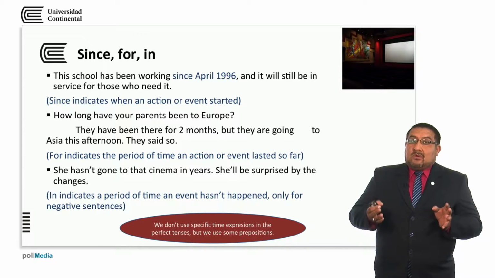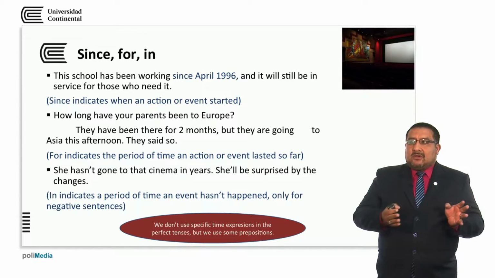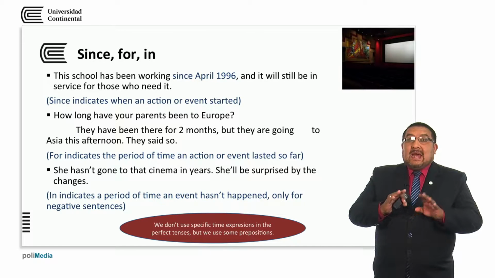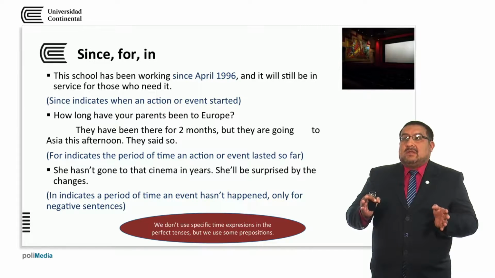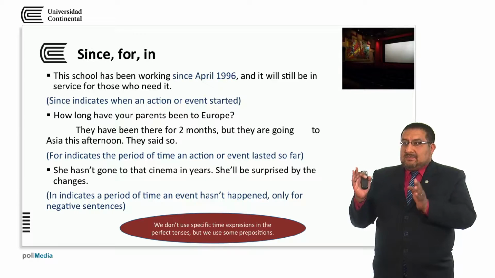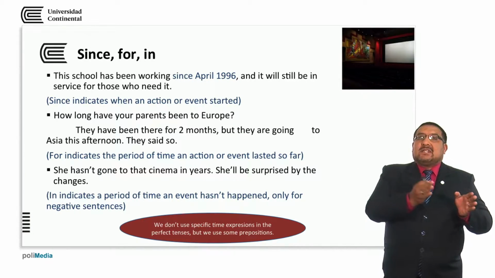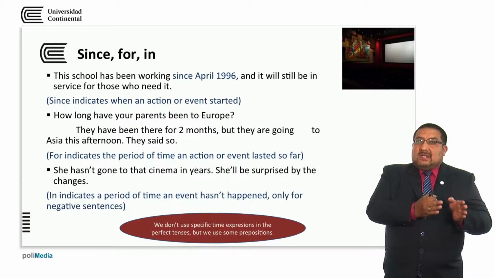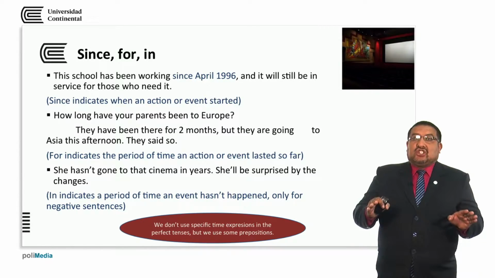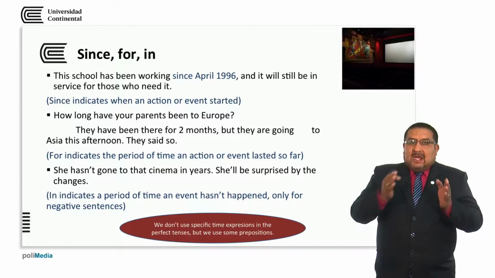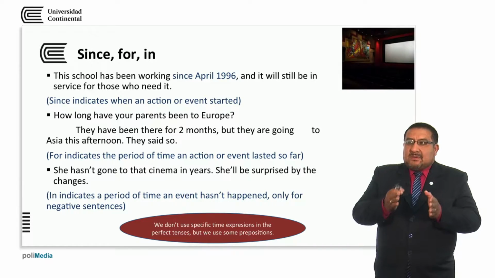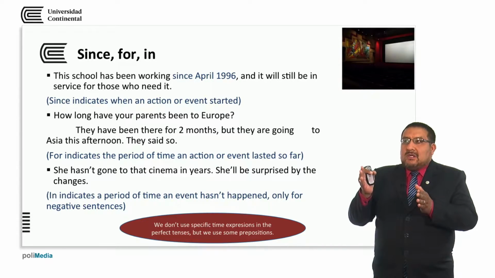It means people who need it can go to the school because that school hasn't stopped. But "since," specifically that preposition, indicates when the action or the event started until now. It doesn't mean that it has finished. But until that moment, it has been working for over 19 years.